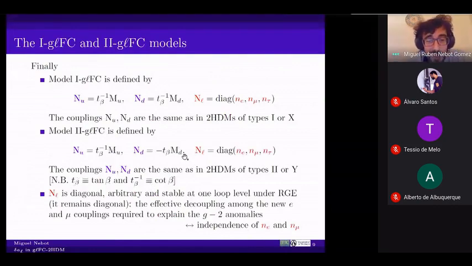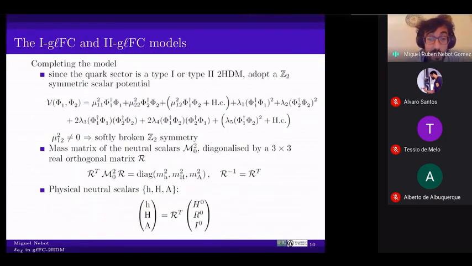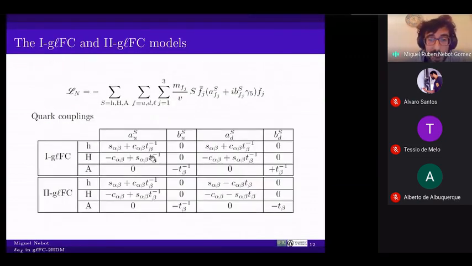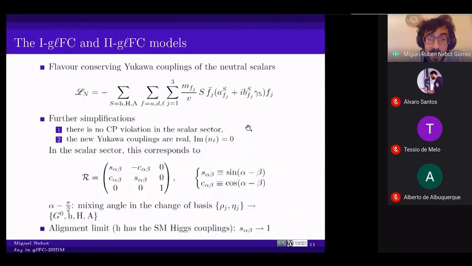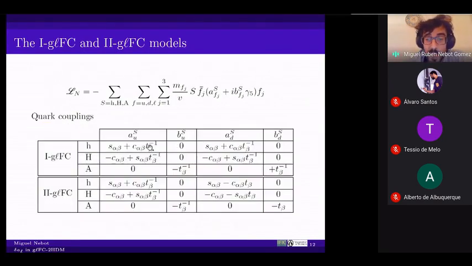Here it was. I mean, the tangent of beta, which is just the ratio of the vacuum expectation values, is controlling here those linear combinations which appear in the scalar or pseudoscalar parts of the couplings to those neutral scalars. In the quark sector, everything is controlled by the mixing in this matrix and this ratio of vacuum expectation values.